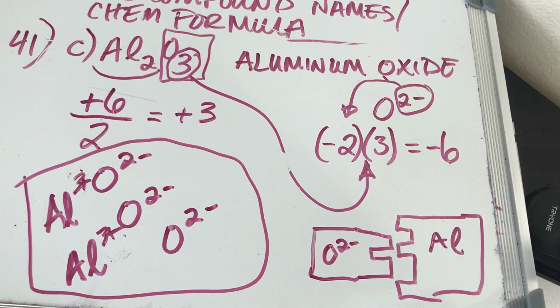Oh, and the other thing too is a little bit of foreshadowing here for you guys: the lab that we're starting for most of the sections this week is the Nomenclature Lab. That is going to have a lot of this and a lot of practice.